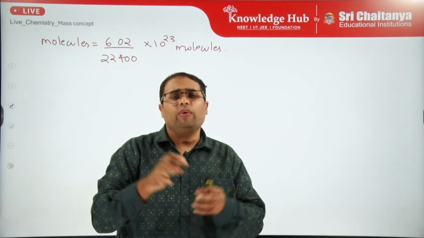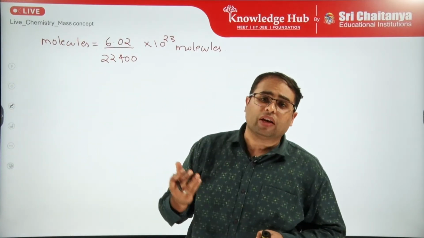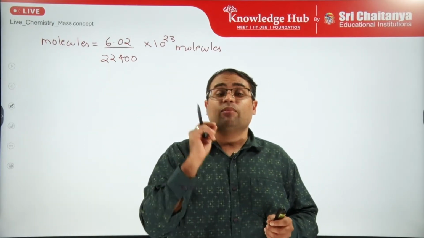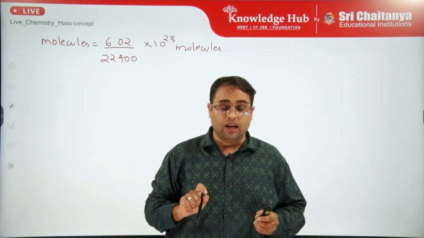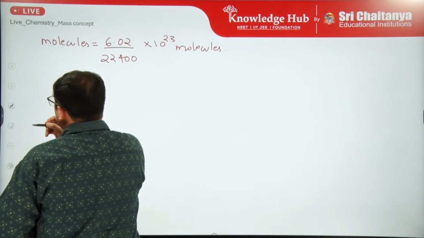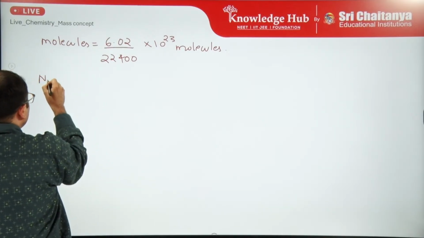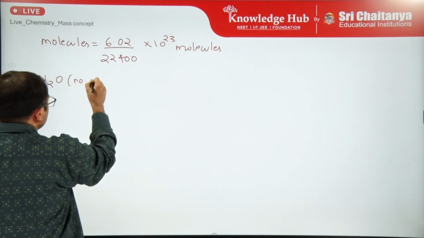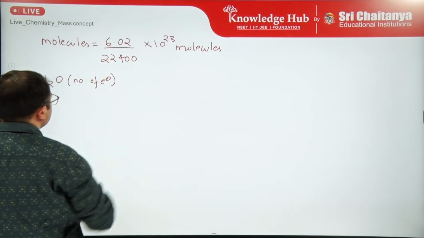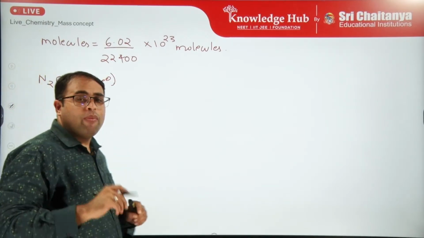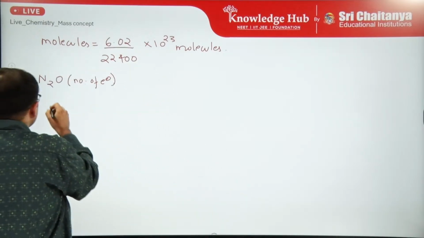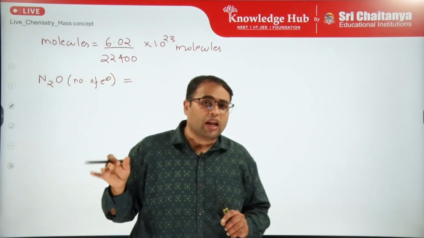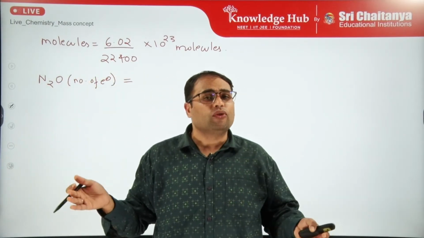So now the way we calculated the number of atoms, we are also going to calculate the number of electrons. The very first thing that you need to do is to calculate the number of electrons in one molecule. How many electrons are there in one molecule? So let us see, if I have one molecule of N2O, and I want to calculate the number of electrons, remember that the atomic number of nitrogen is 7. So what is atomic number? Atomic number is nothing but the number of protons.